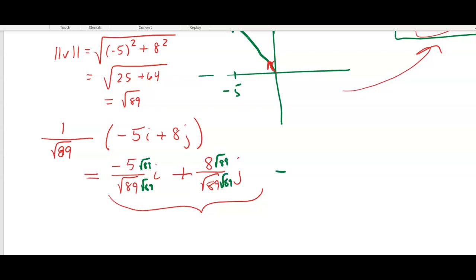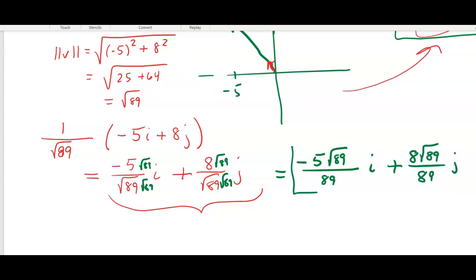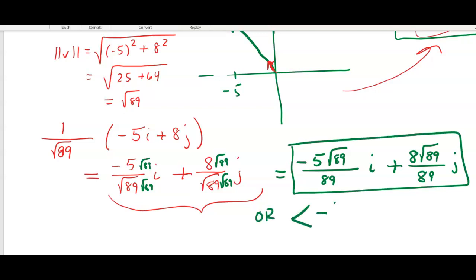So the final answer in simplest form is -5 root 89 over 89 i, that's my to the left component, plus to the up component, 8 root 89 over 89 j. One answer, or <-5 root 89 over 89, 8 root 89 over 89>.